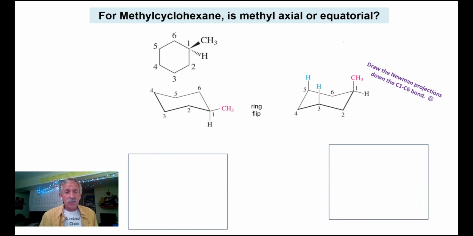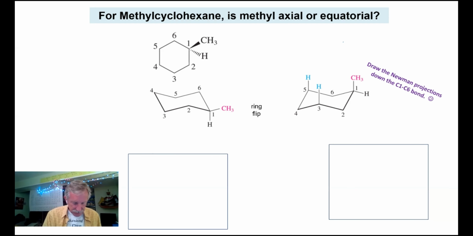Now, we were just talking about which one should be preferred. If I had this big methyl group and I wanted to make sure that it wasn't bumping into the ring at all, or as little as possible, then draw me the Newman projection down the C1, C6 bond, okay?